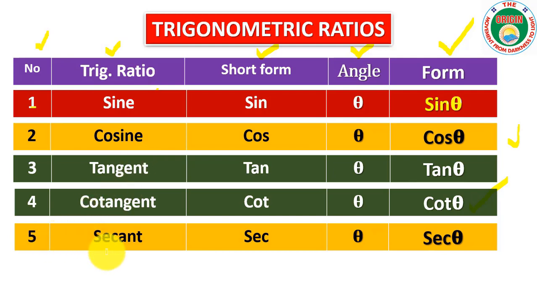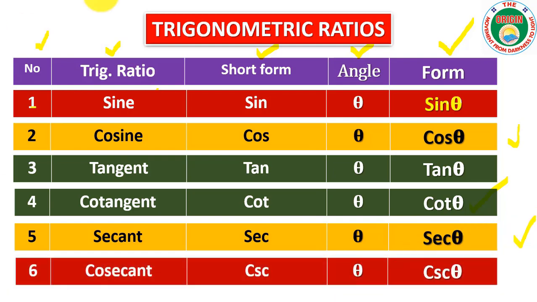Fifth one, secant, short form sec, angle theta, combined written as sec theta. Sixth one, cosecant, short form csc or cosec also we can write, angle theta and combined cosecant theta.